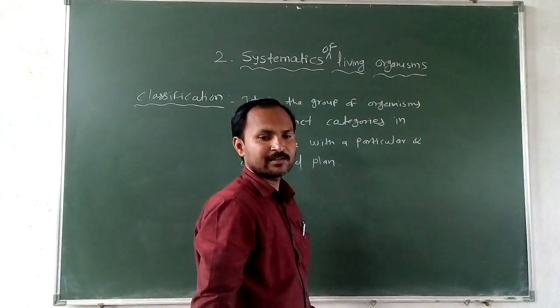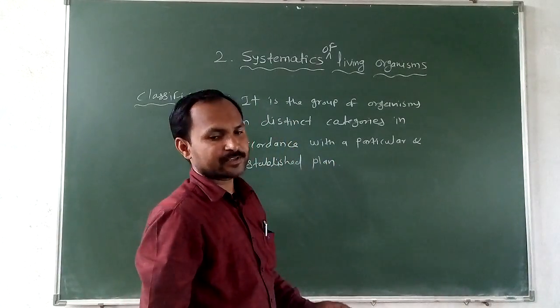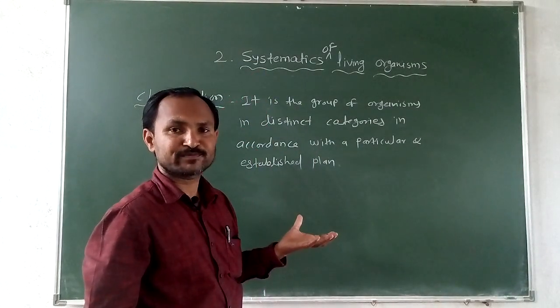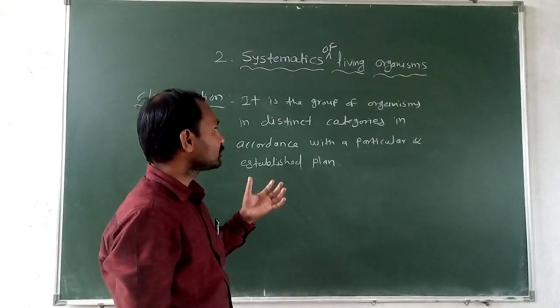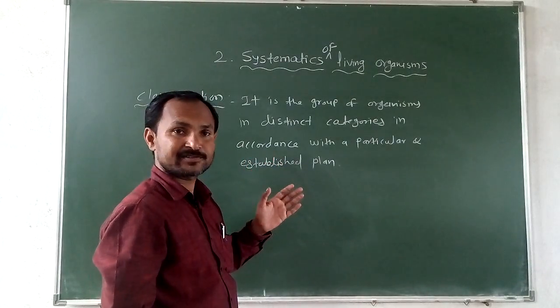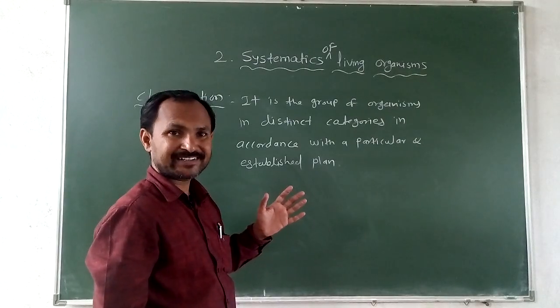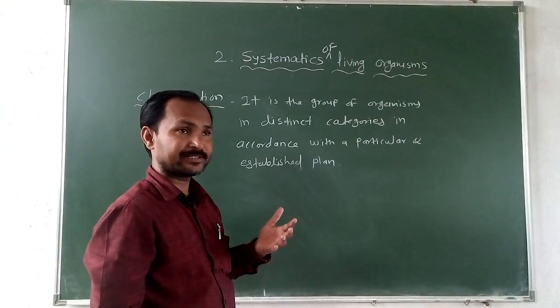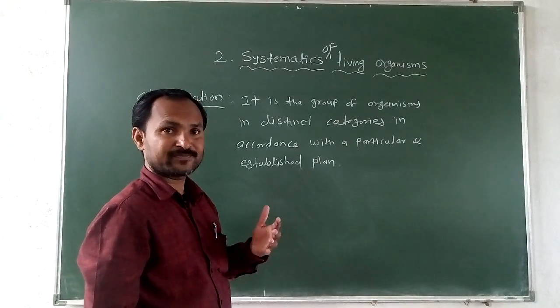Classification means what? Classification means, first, making a group of organisms. That group is arranged in distinct categories. There are 7 important categories. I will tell you about those categories while we are studying taxonomy specifically in our chapter.